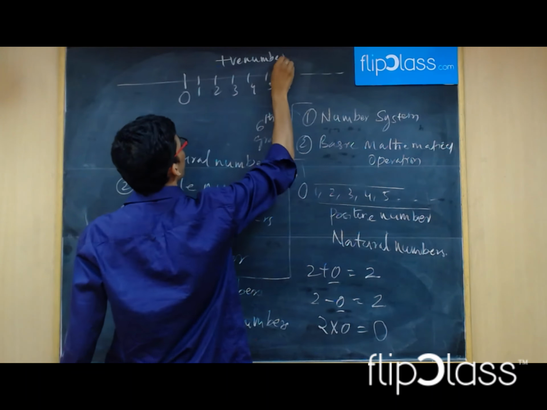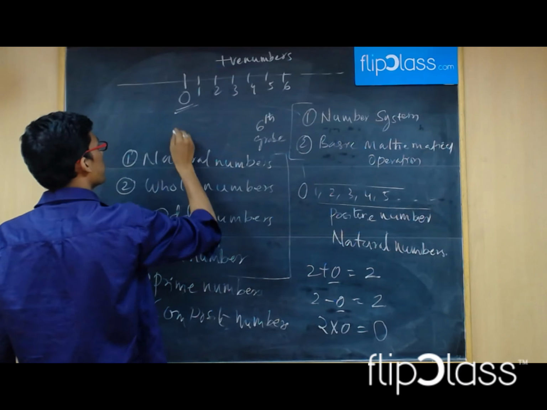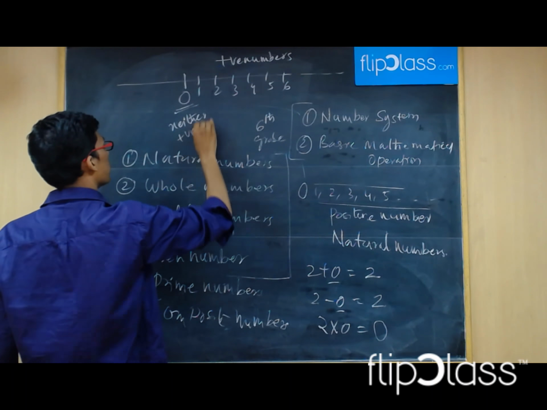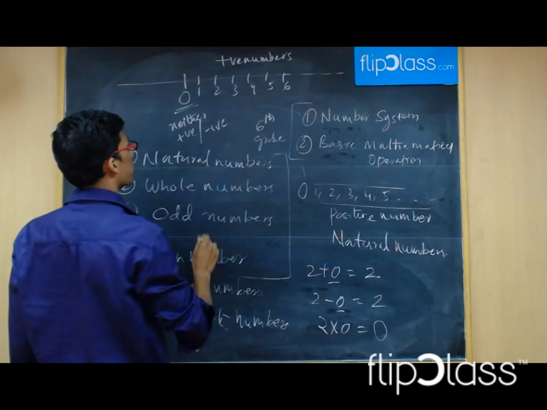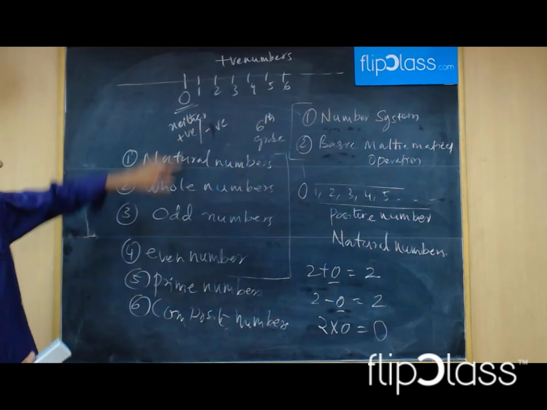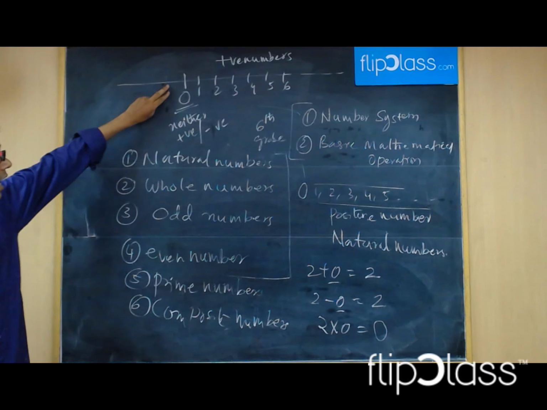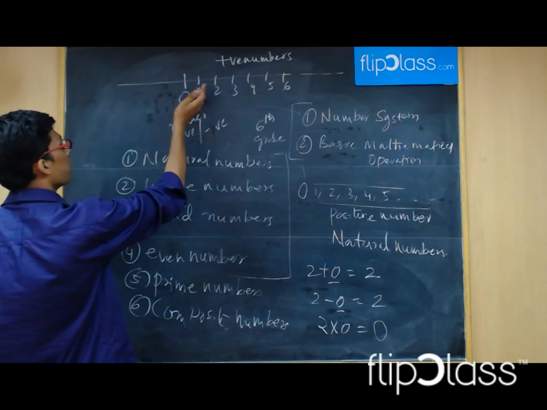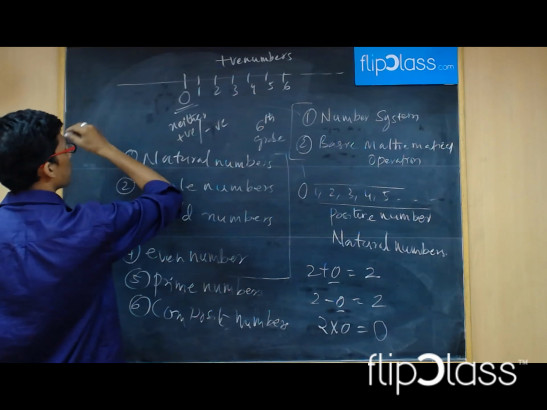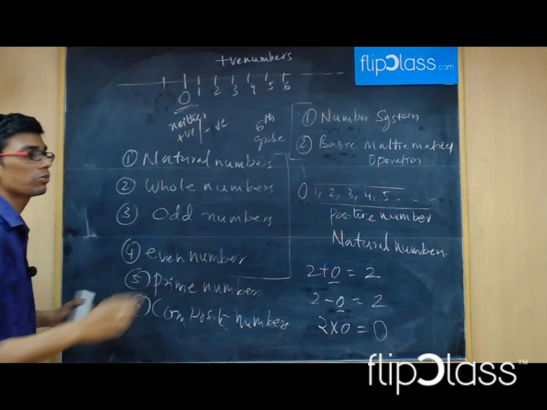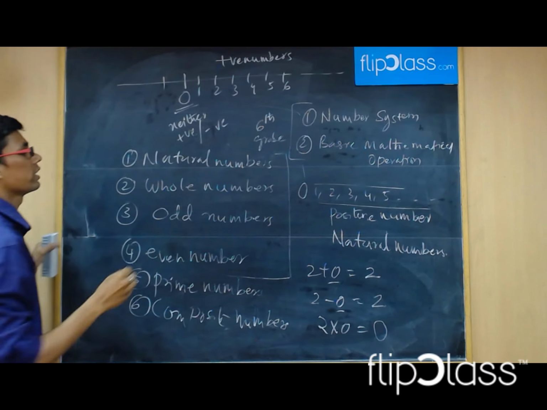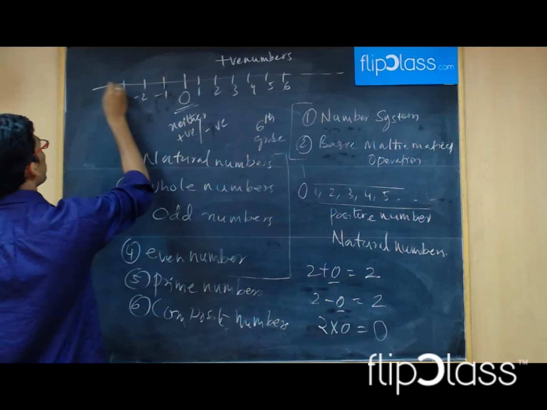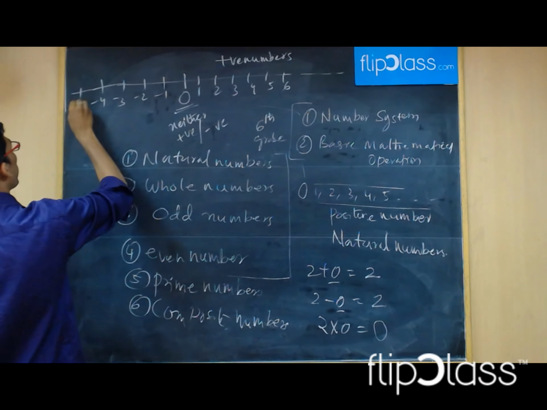This number 0 is neither positive nor negative, it has no value as such. If you keep writing numbers onto the left side, you have to add a negative sign to them. So this is minus 1, minus 2, minus 3, minus 4, minus 5 and so on.